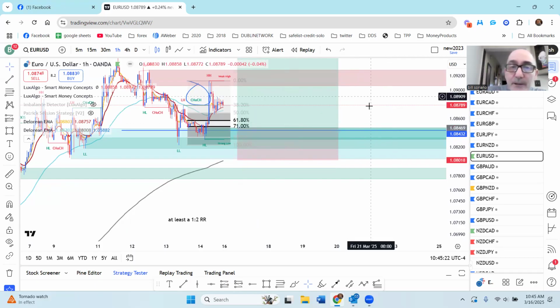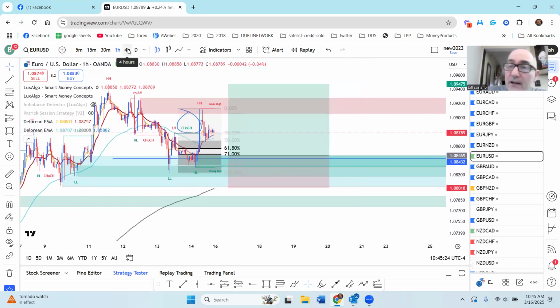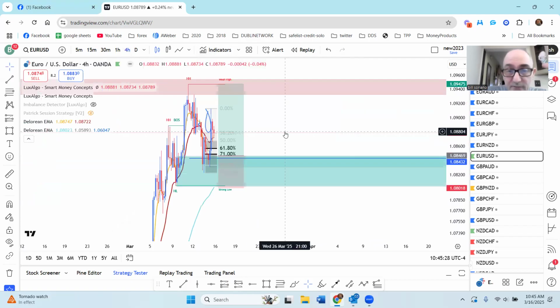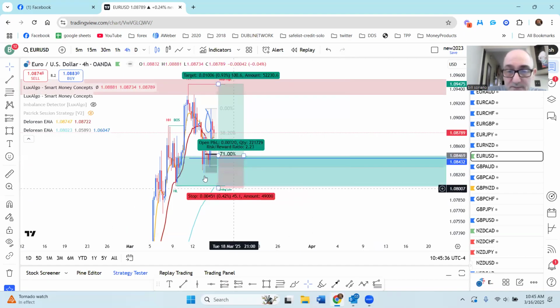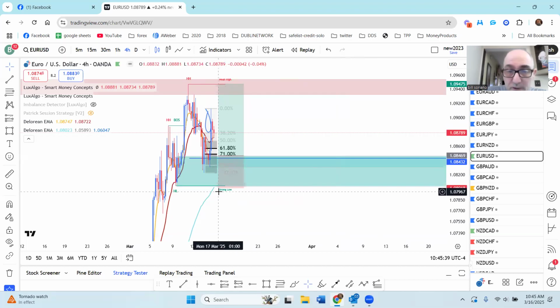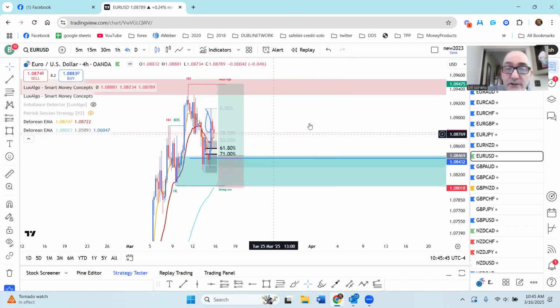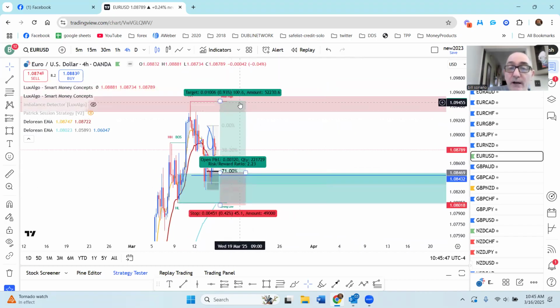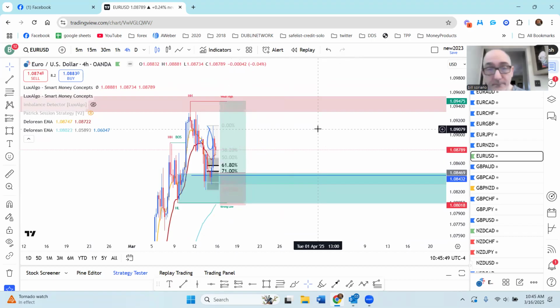But you have to remember that in order to identify your invalidation zone and your target, you're going to use that 4 hour time frame, not the 1 hour. You have to use the low of that 4 hour demand zone for a buy, and put your stop loss a little bit below it, not right at it. Then you're going to use the next 4 hour zone for your take profit.